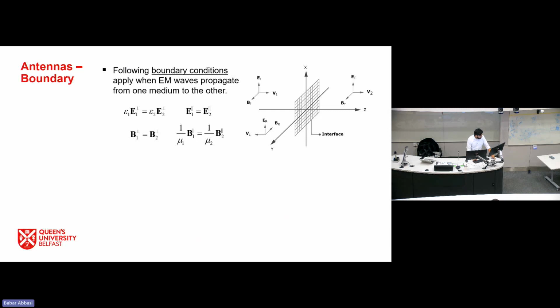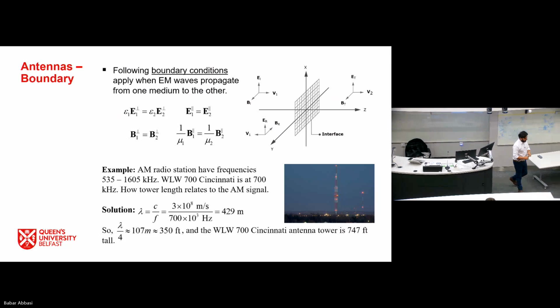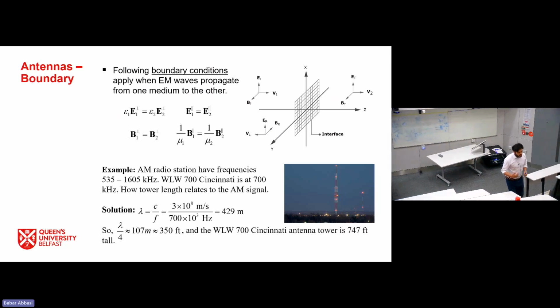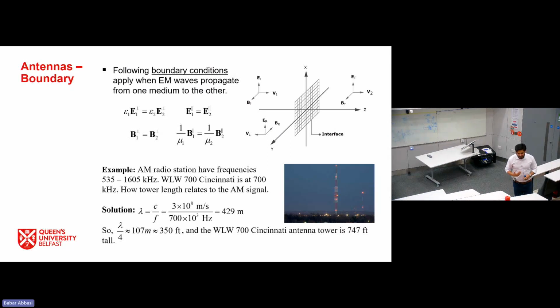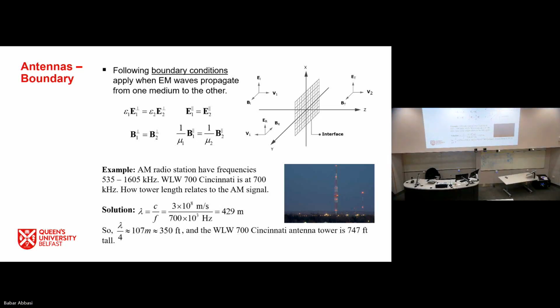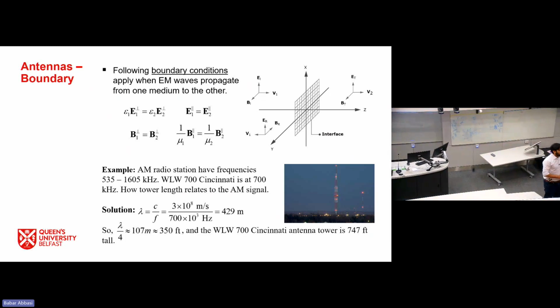Okay, so here's another concept. If our energy is propagating through a particular medium or crossing a boundary, then there are some conditions called boundary conditions that apply. In the electromagnetic theory that you have understood so far, we haven't gone deep into boundary conditions, but this is just for your own information.